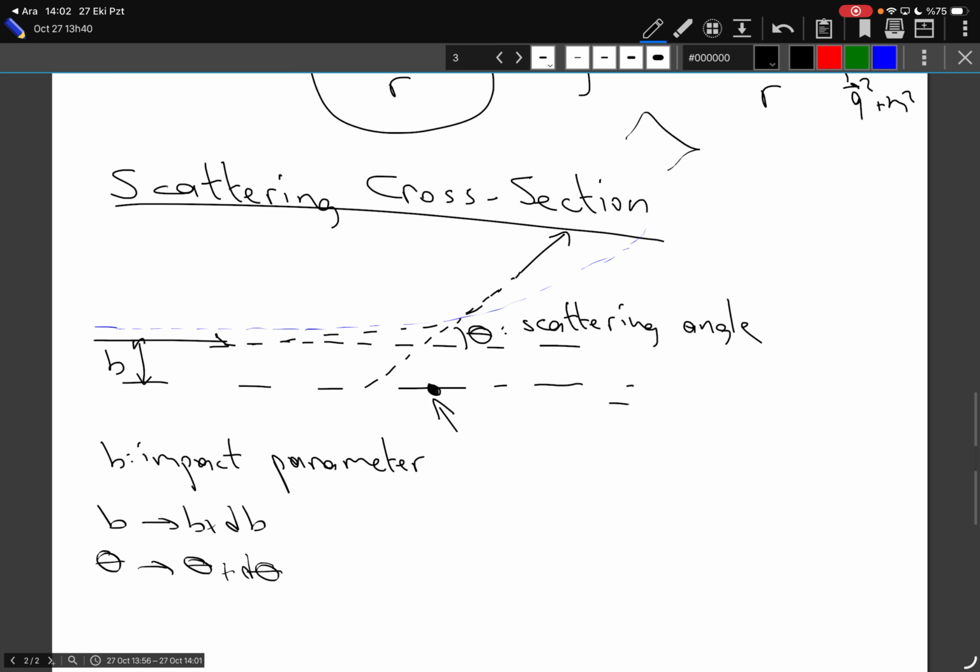If you aim at this point, it will scatter in that direction. If my detector is over there, it will be observed by the detector. If I target a region above, it will scatter less, so it will miss my detector. If I target in this area, it will scatter in this way, so again, my particle will miss.